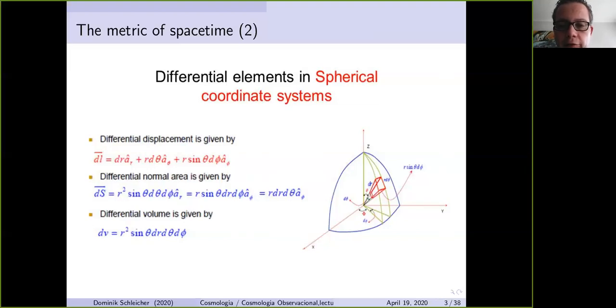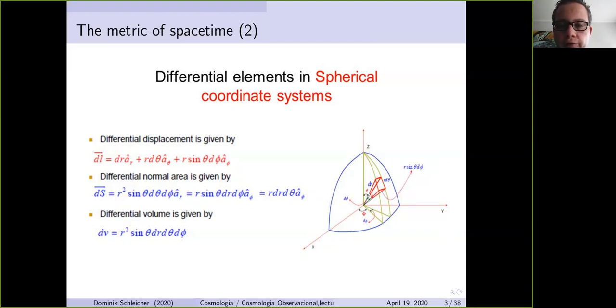We have to multiply with the radius to obtain a spatial dimension. And we also have to multiply with sine theta, because the phi angle is projected on the xy plane, and we have to consider the projection on the xy plane. That's why we multiply with sine theta. In that way, we can define the differential line element.